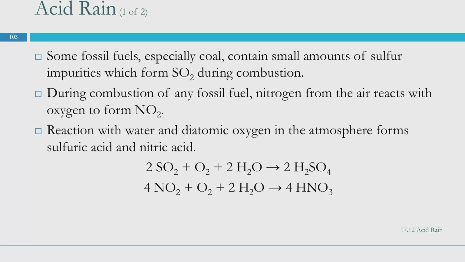And the reaction of those, so we've got our SO2, we've got our NO2, reacting with oxygen and water, which are going to be in the air, the water probably one of the products of our combustion reaction. Those things can form sulfuric acid and nitric acid in the air.